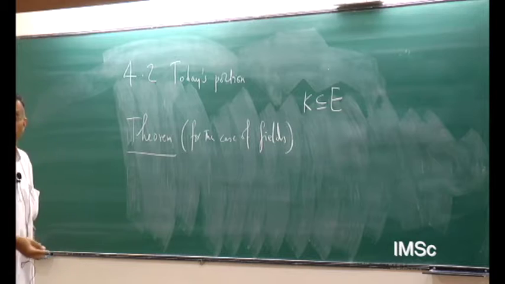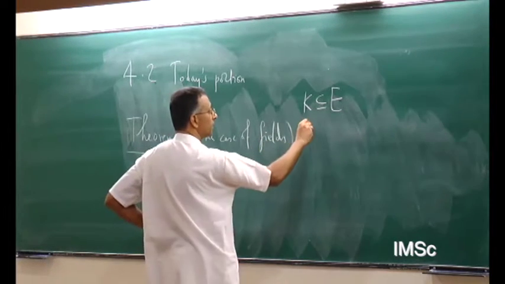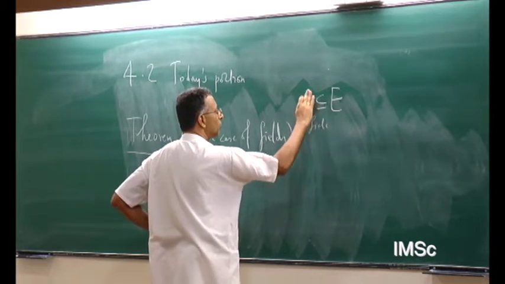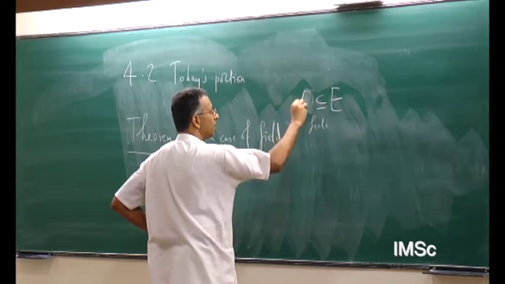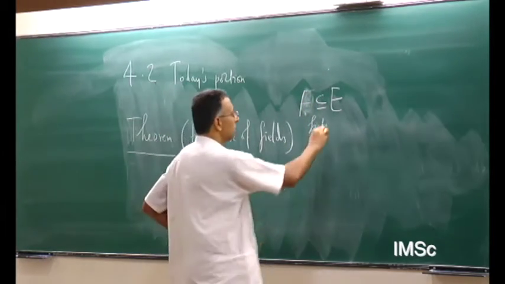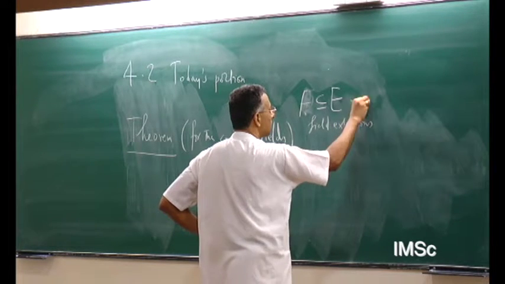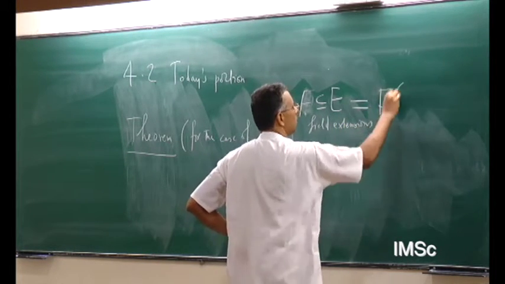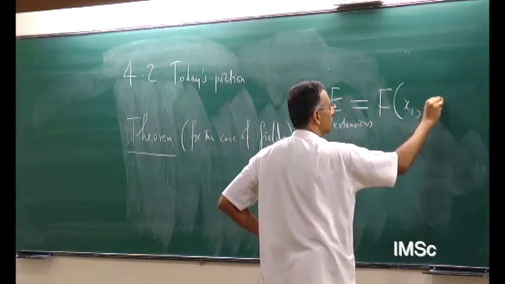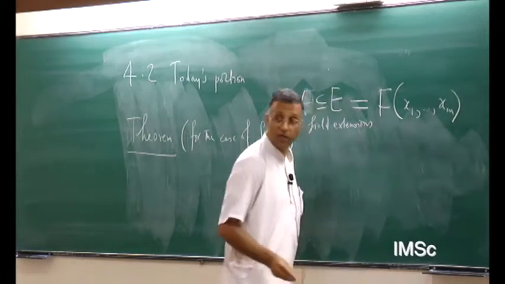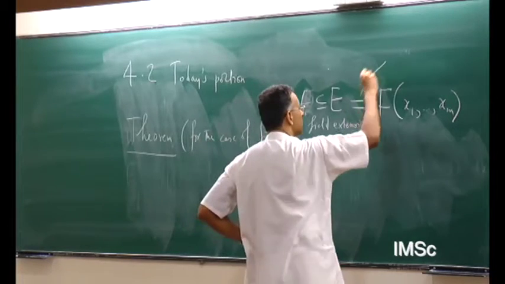So K is a field. So these are field extensions. Okay, let me use F because he keeps using F and I might lapse. Field extensions. And this is assumed to be finitely generated as a field.